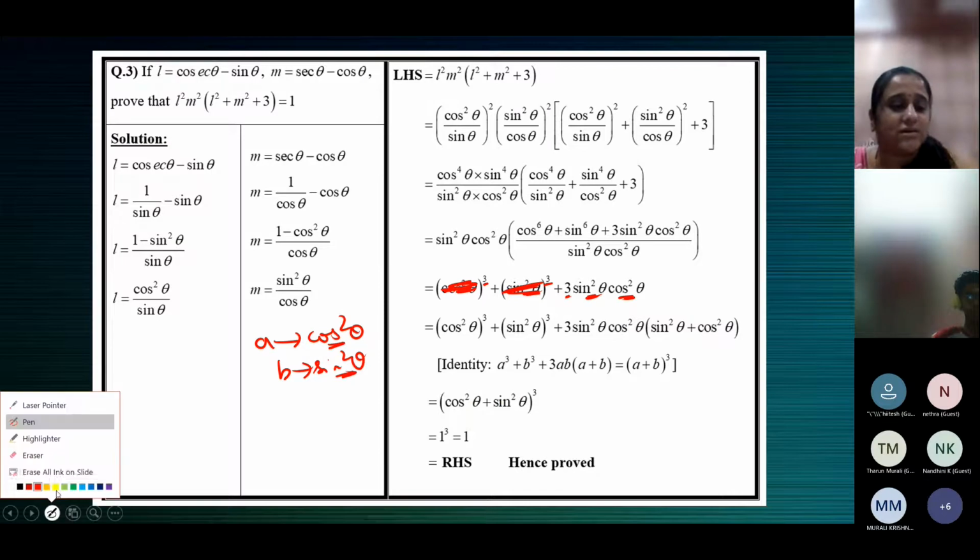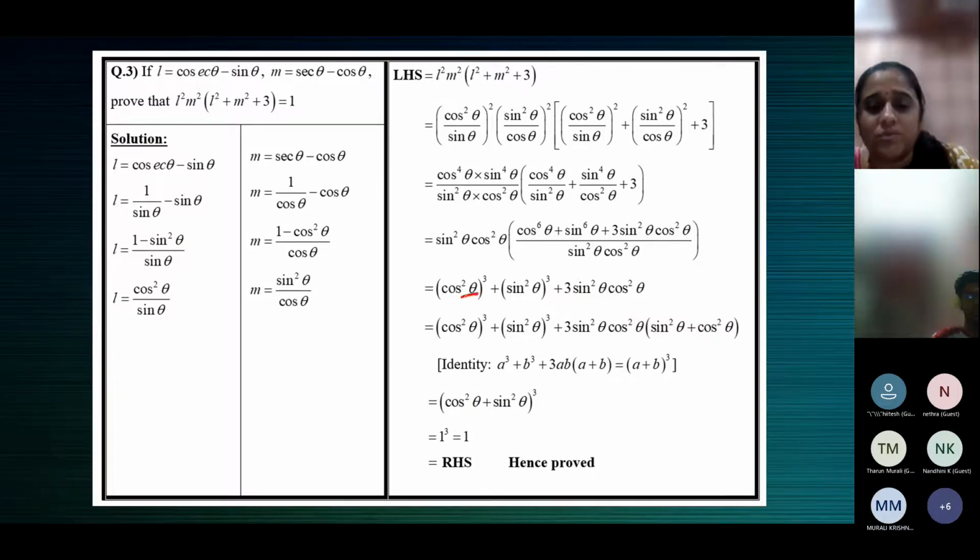So we know the identity has A cubed plus B cubed plus 3AB into A plus B. What we do in the next step is we just add that factor: 3AB into A plus B. What is A plus B? Sine square theta plus cos square theta. We just include that because you're not making any change. What is sine square theta plus cos square theta? 1. So it's like multiplying by 1.